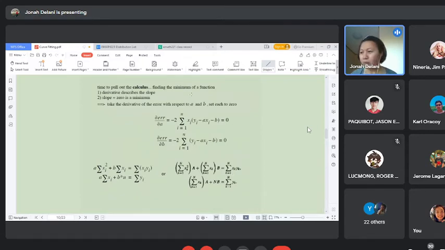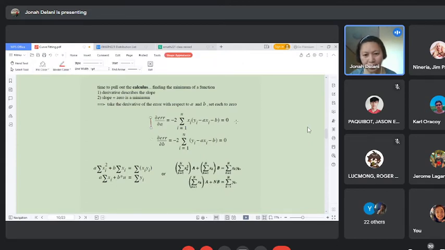Now to get the minimum from our differential calculus, di ba, katong maximum minimum problems, katong sa una pa, to get the minimum or to get the minima, we get the derivative of that function and then equate it to 0. So mo nang gipasabot. I-derive siya and then equate siya to 0.